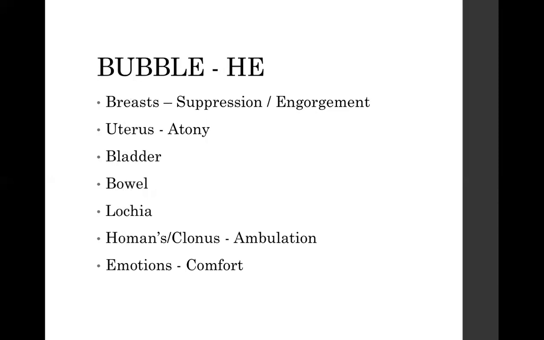We'll assess clonus at this point too, particularly for our patients who had a diagnosis of pregnancy-induced hypertension or preeclampsia, eclampsia, or were on mag sulfate for any reason. We're going to want to assess their clonus as well.